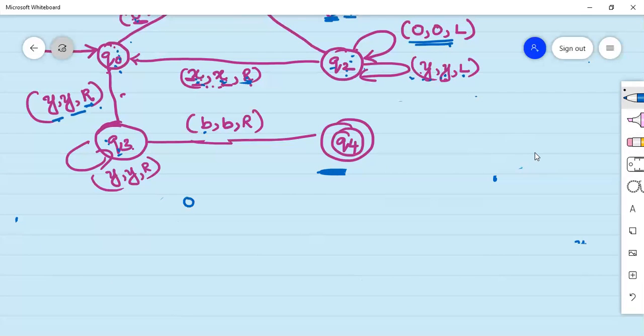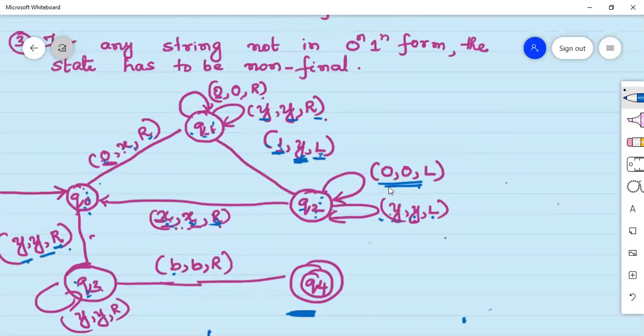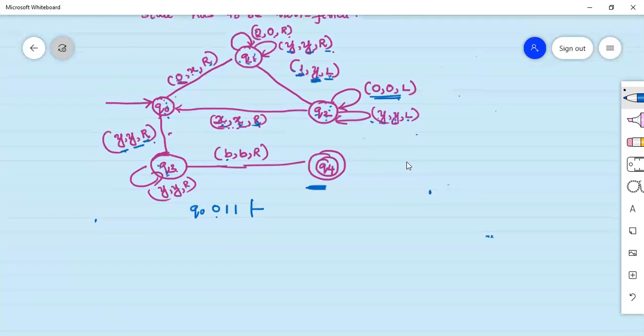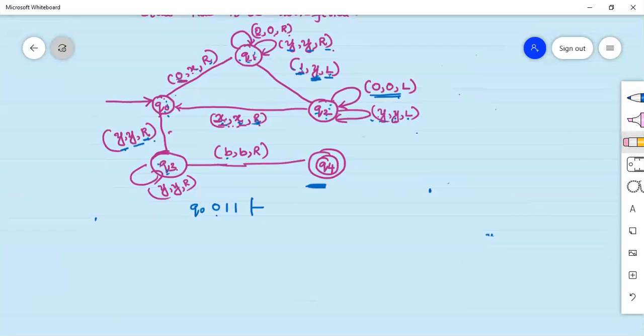Let's take the input as 0, 1, 1. We always start at Q naught, right? What about Q naught on 0? All right, so let us start again.